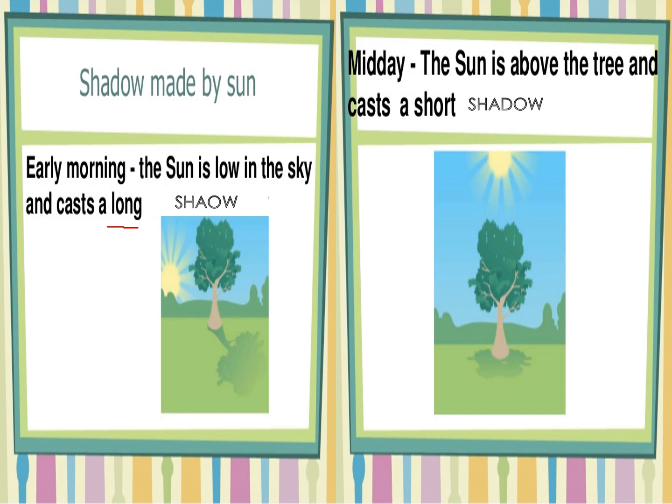Here will be a long shadow and here will be a short shadow because of the distance between the sun and objects. Here the sun is closer. Here the sun is very far. Excellent.